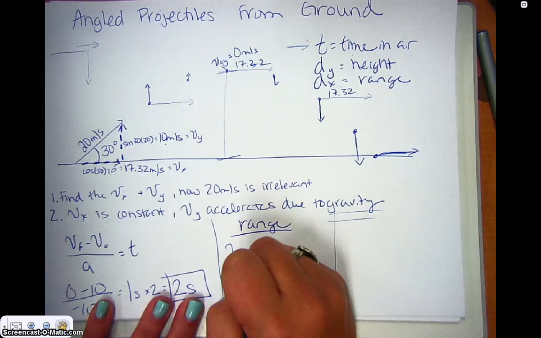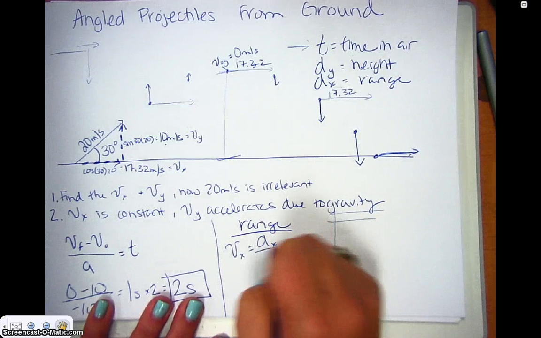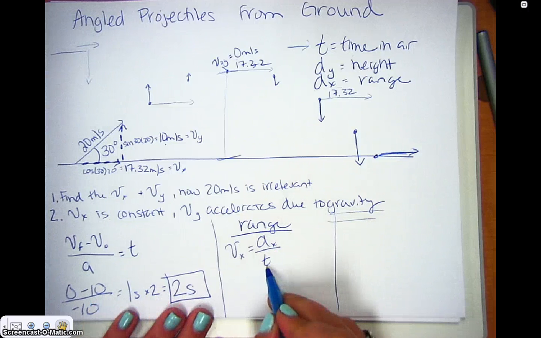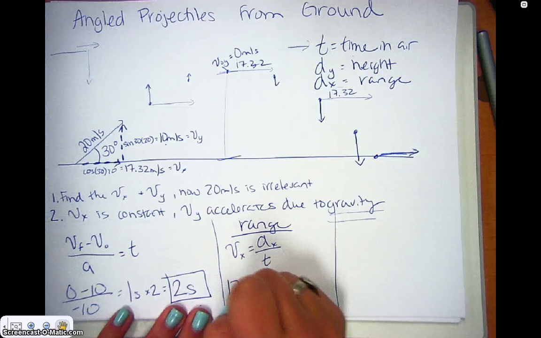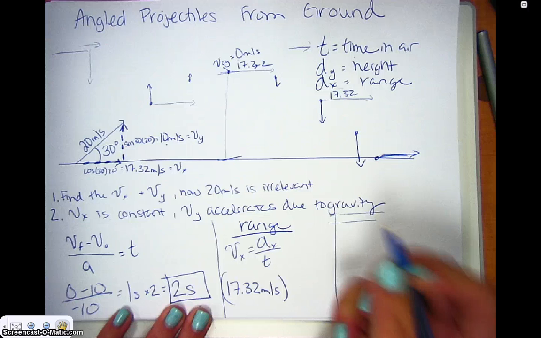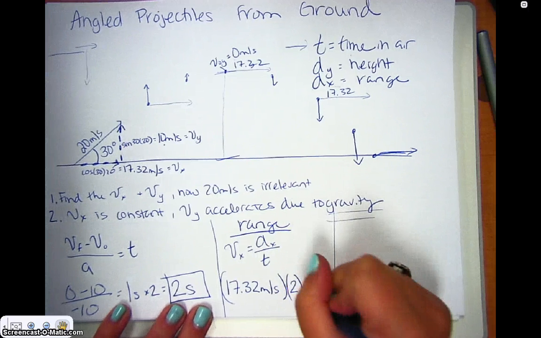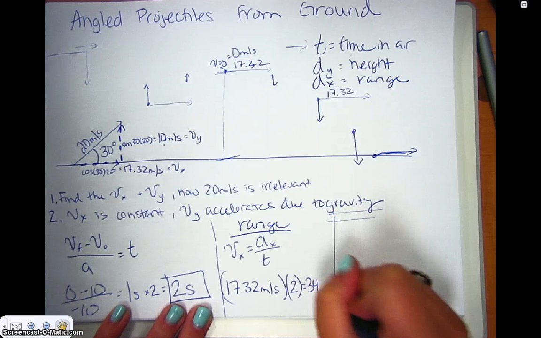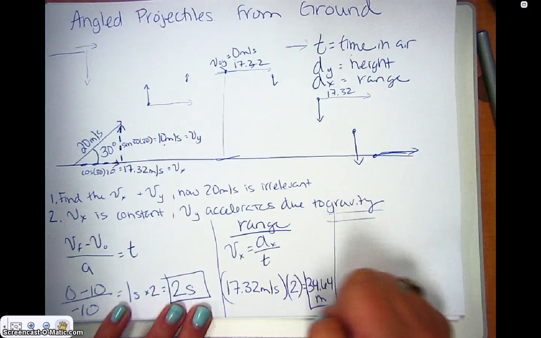So velocity x is equal to the displacement in the x direction all over time. If I multiply by t on both sides, I get 17.32 meters per second times 2 seconds, which gives me 34.64 meters. So that would be the horizontal range.